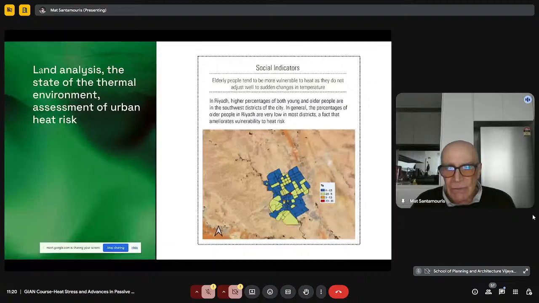In general, the percentages of older people in Riyadh are very low in most districts, a fact that contributes to lower heat risk. Riyadh is a city which is inhabited by younger people. But it's very important to know where people are living and the local characteristics, because this defines the vulnerability and the heat risk.